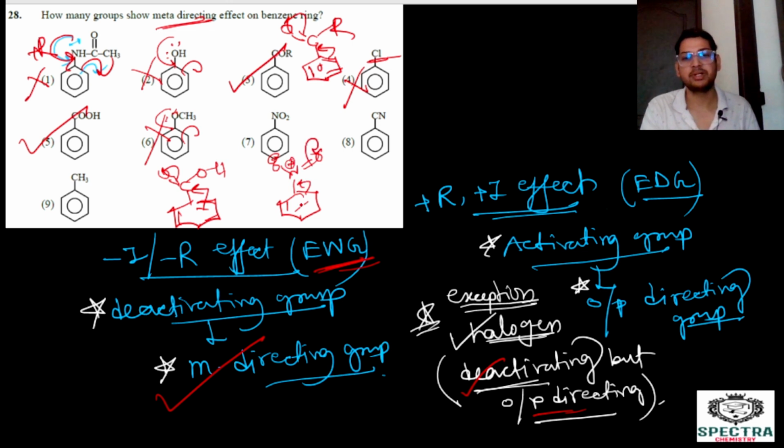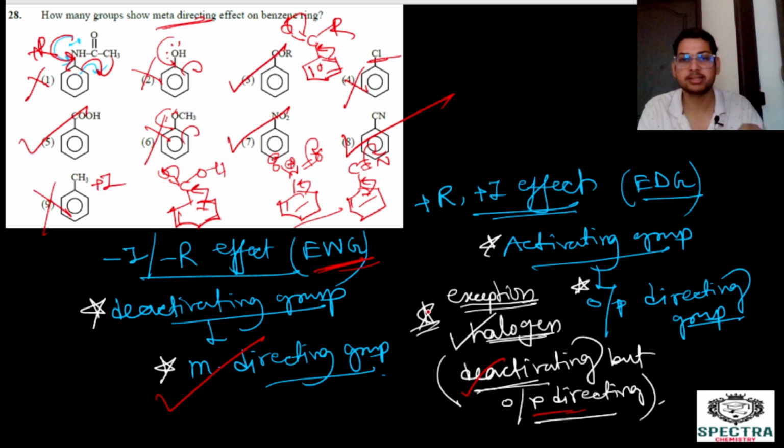Deactivating means meta. It is my answer. CN, if you write CN, C triple bond N, this is also electron withdrawing. That is my answer. CH3 is plus I effect. That means activating, not my answer.